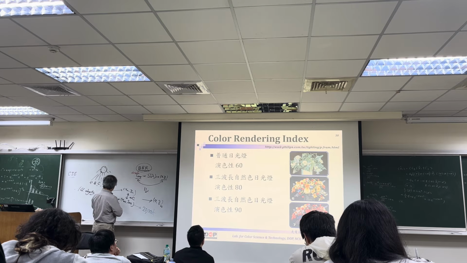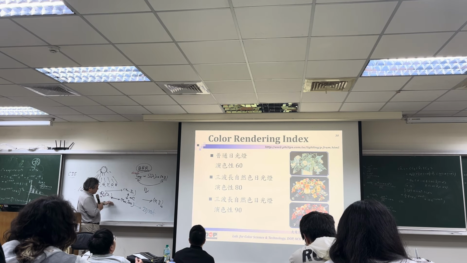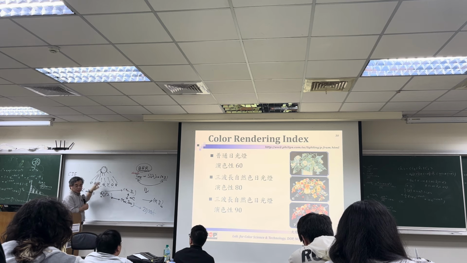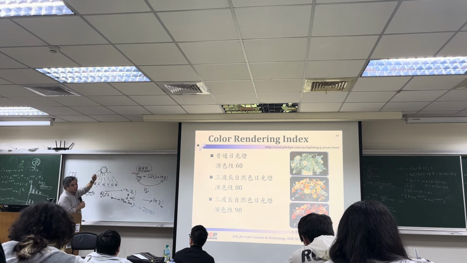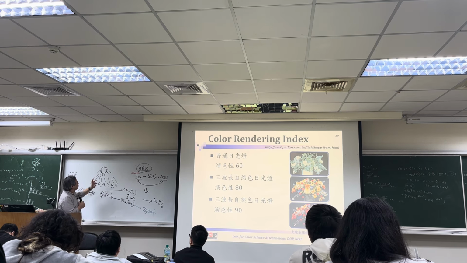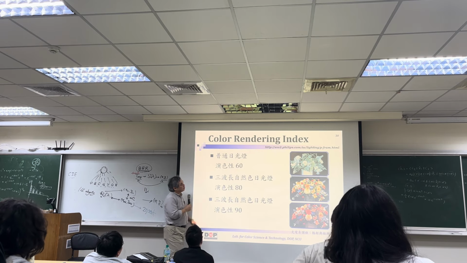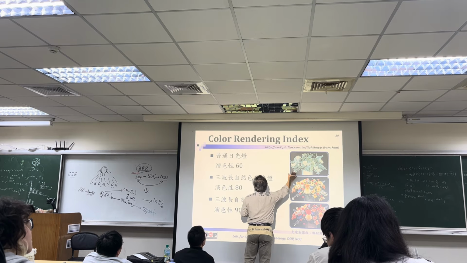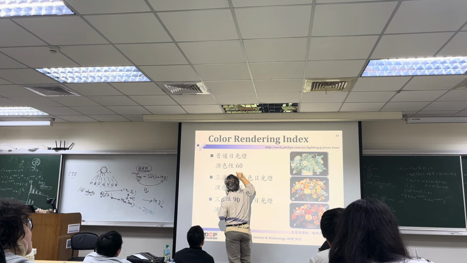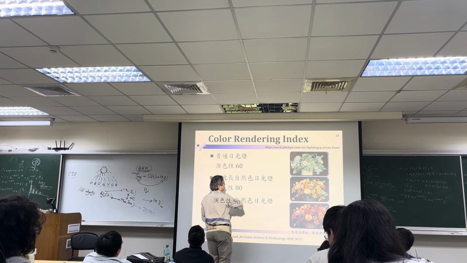So, based on our idea, we have designed one index to test the light quality and tell you how good it is. For this one, the CRI, color rendering index, is just 60.